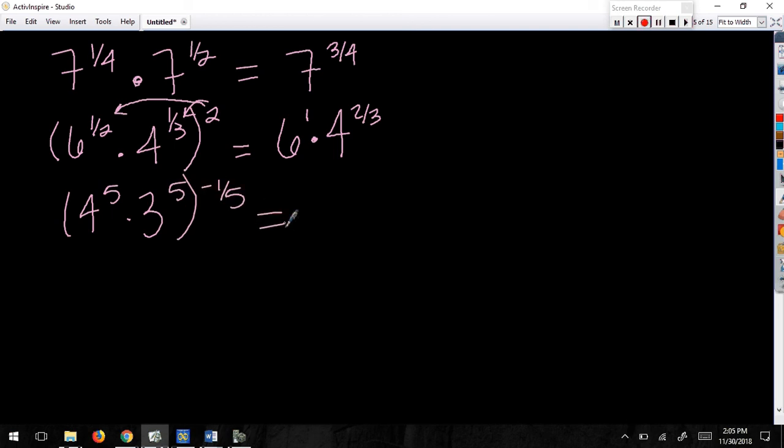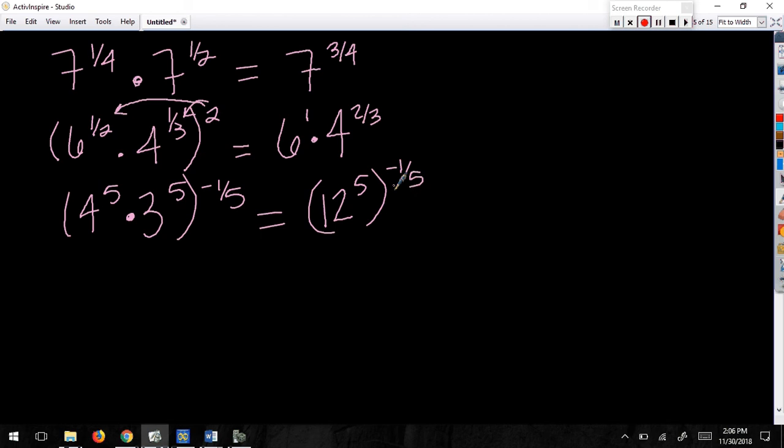How about this one? Combine the bases this time. Why, John? The exponents are the same this time. So when you do this, you'll combine the bases, and when I say combine, whatever this operation is, what's 4 times 3? 12. It's got the same exponent.